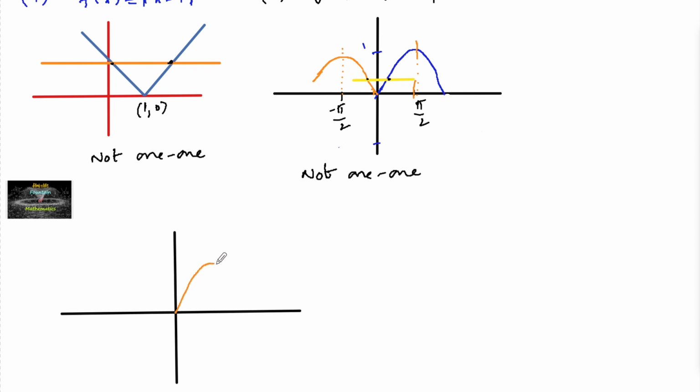So the sin x graph, this is 1 and minus 1, 0, and this is pi by 2 and this is minus pi by 2. So we want from minus pi by 2 to plus pi by 2.